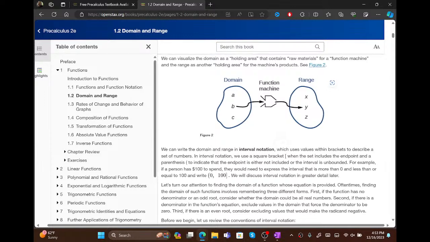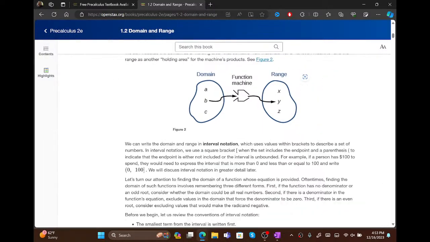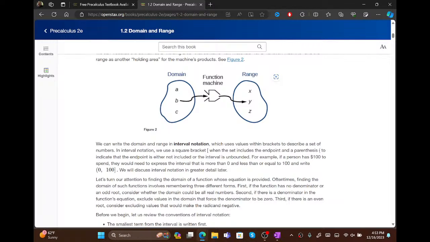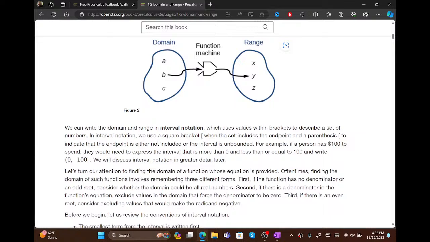And actually, let me zoom out. And let me take this off. So, let's see here. In interval notation, we use a square bracket when the set includes the endpoint and a parentheses to indicate that the endpoint is either not included or the interval is unbounded.